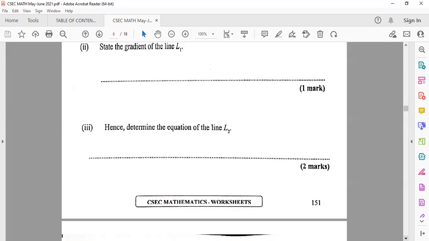What we should remember here is that line L2 is perpendicular to L1 and passes through the point (0, -5). Okay, 2 marks, 2 minutes.